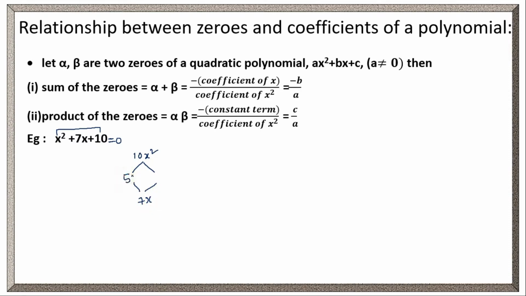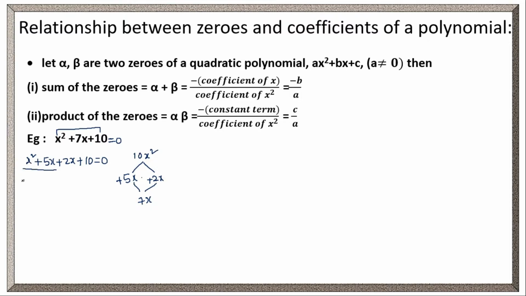So we can take the factors 5x and 2x. Clear? 5 into 2, 10, x into x, x square. If we add 5x and 2x, we will get 7x. So x square plus 5x plus 2x plus 10 equal to 0.